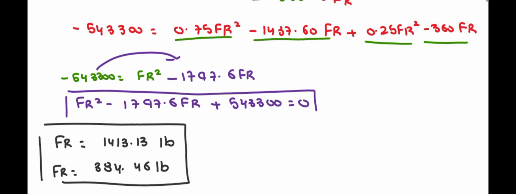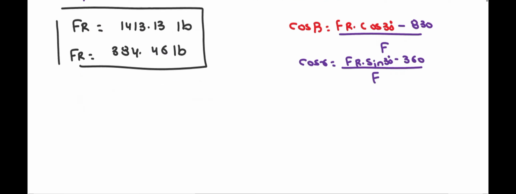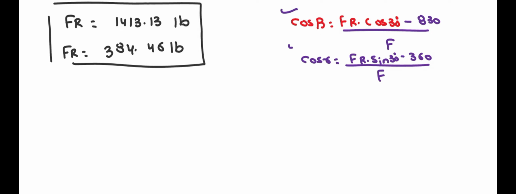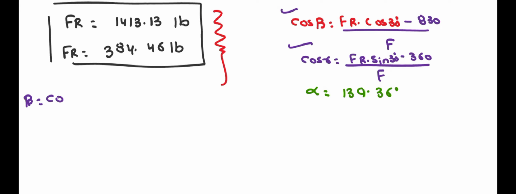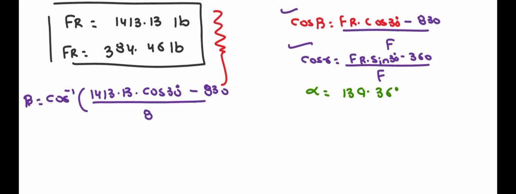so that you will find the values of beta and gamma. These are the cos beta and cos gamma equations, and we know that the value of alpha is equal to 139.36 degree. Putting the value of FR into cos beta first, beta is equal to cos inverse of 1413.13 dot cos 30 degree with negative sign 830 upon 800.